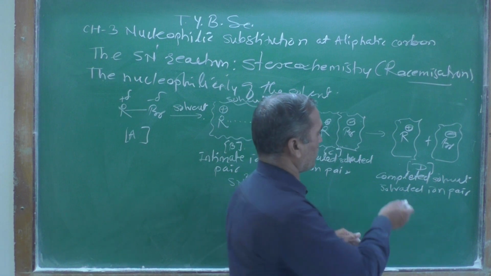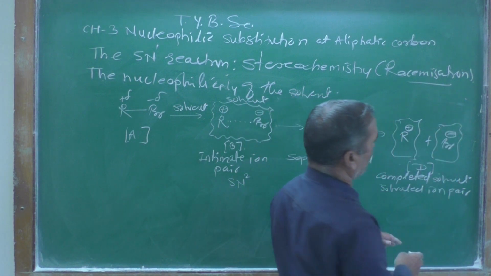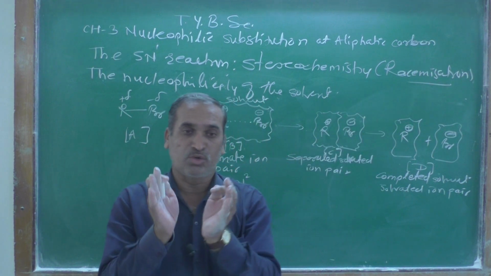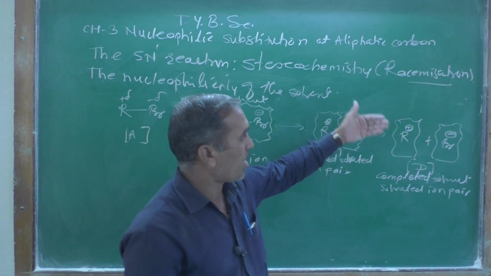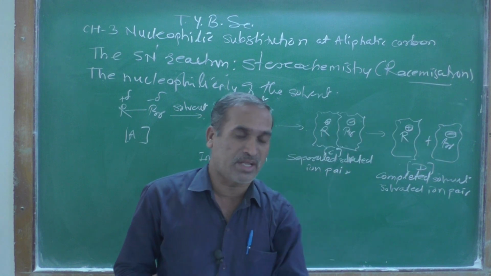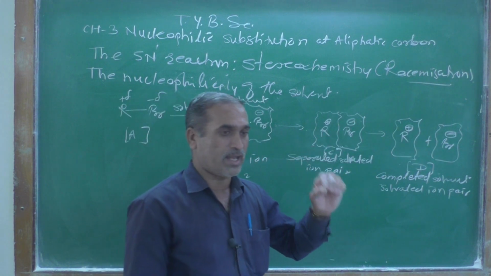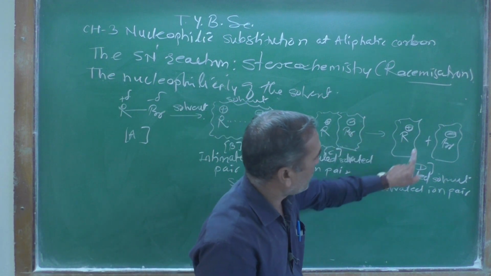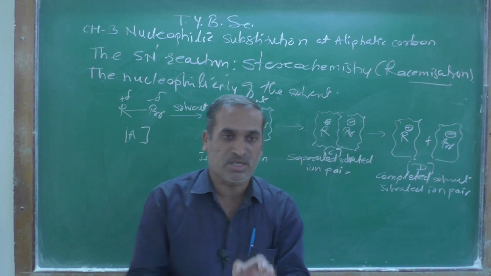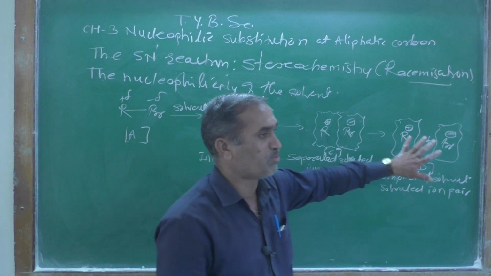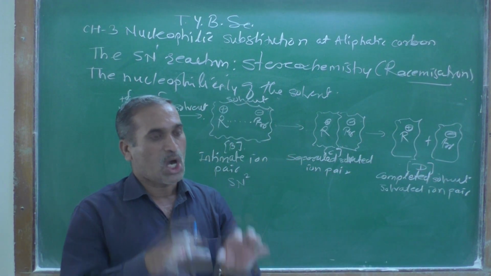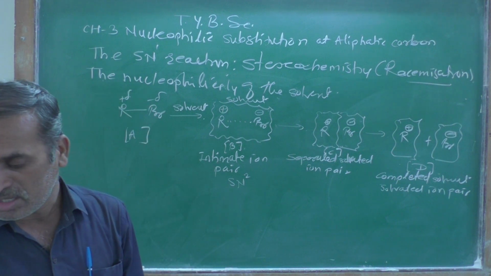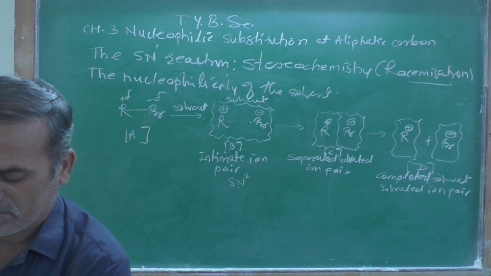And now look here, this R plus and Br have gone away from each other, and therefore when that R plus carbocation is planar in geometry, the nucleophile can attack from the front side as well as from the back side, and therefore in such cases we are going to get the racemization product. And this is all about the stereochemistry of the SN1 reaction.